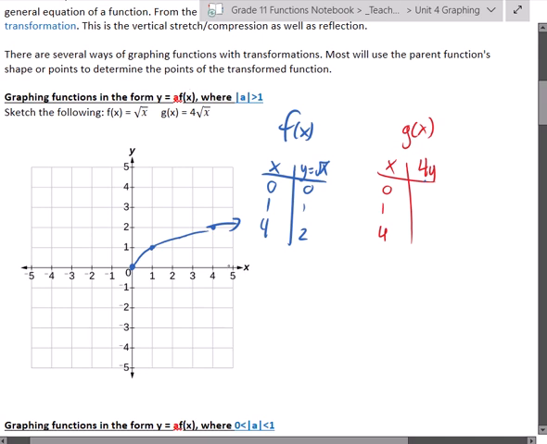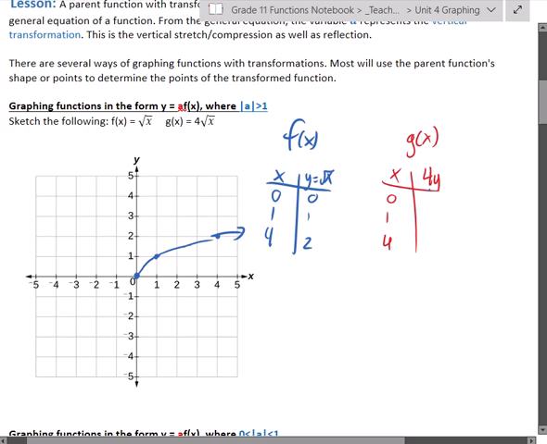Because if we have, for instance, y equals a times f of x, and f of x is itself y, then we're multiplying these values by 4. So 4y, taken from this column: 4 times 0 is still 0, 4 times 1 is 4, and 4 times 2 is 8.